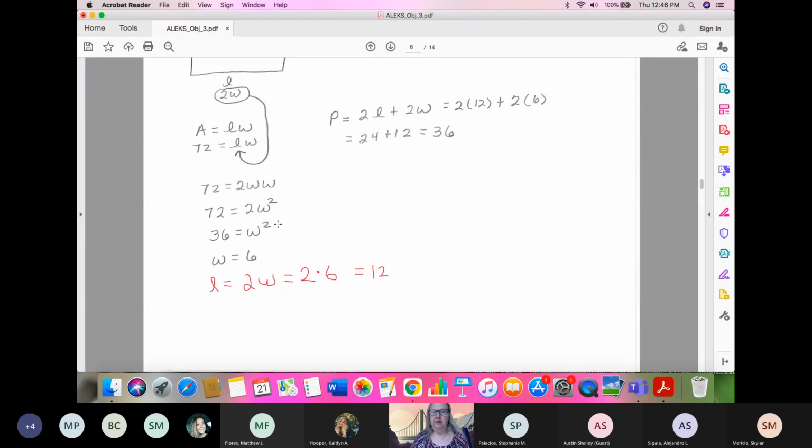What's the opposite of squaring? What process is the opposite of squaring? It is square rooting. What's the square root of 36? 6. So W equals 6. So our width, we now just found it to be 6.